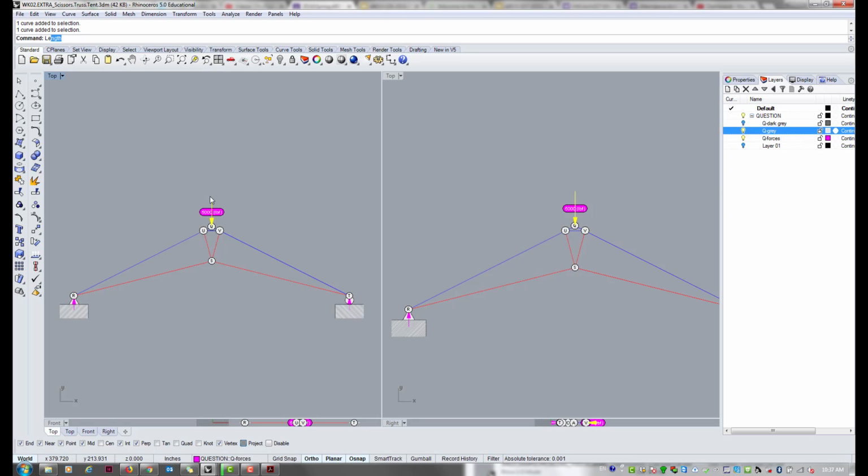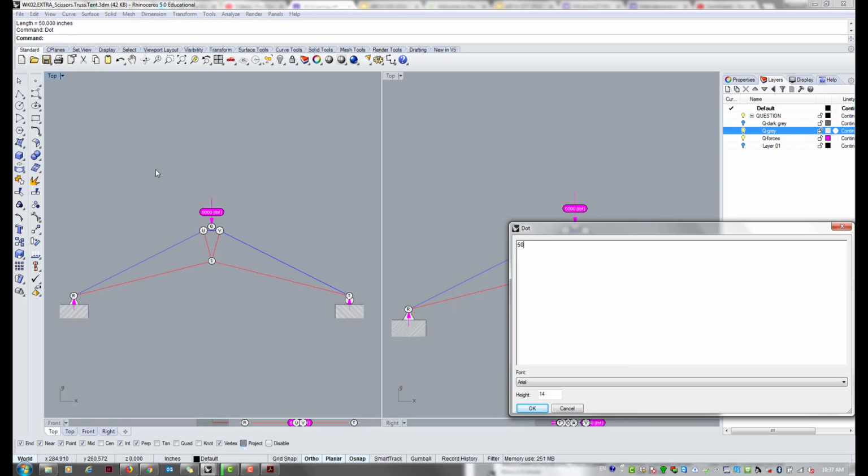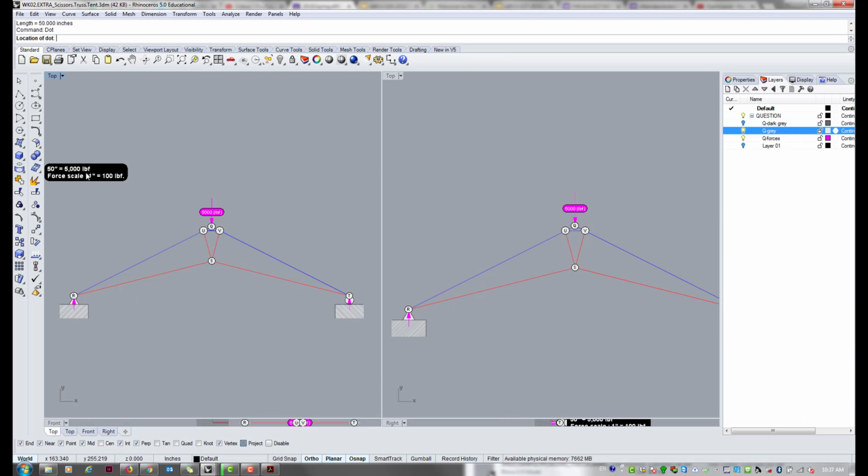I'm representing 5,000 pounds with 50 inches, so let's say 50 inches equals 5,000 pounds. Therefore the force scale is 1 inch equals 100 pounds, right? So that's our force scale, so let's keep it in mind.